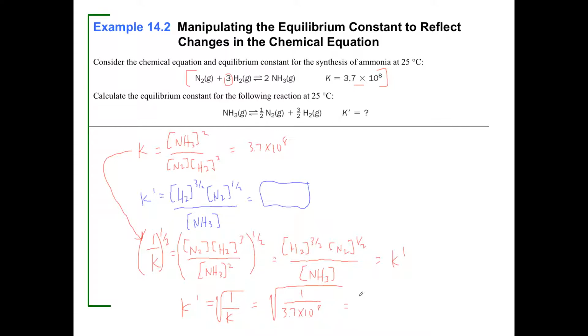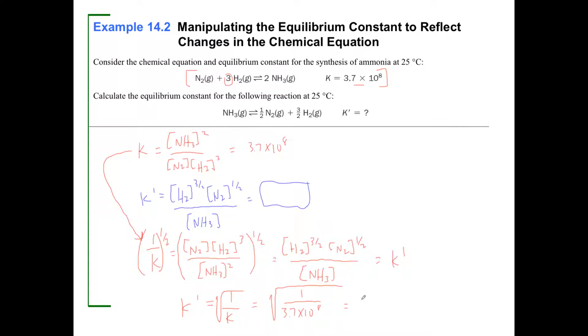You see that? Okay. I'm going to put my calculator out now. And I'm going to put mine in parentheses first. 3.7 times 10 to the 8th raised to the minus 1/2.